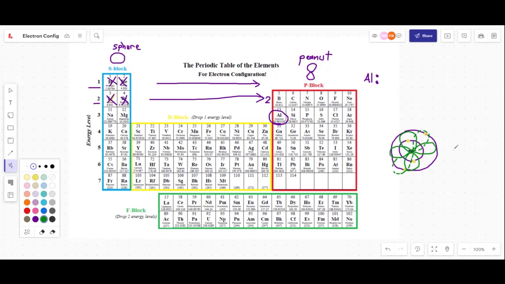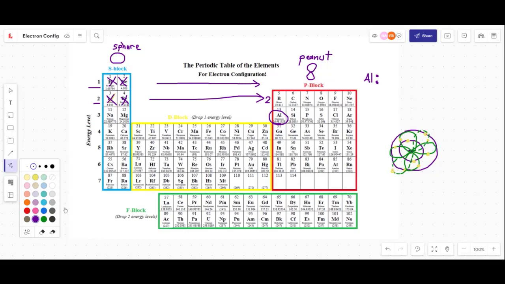There's 3 p orbitals in the second energy level. Each one of those orbitals, each one of those pathways can hold 2 electrons. So I'm going to put 2 electrons in each one of those pathways. 1, 2, 3, 4, 5, 6.